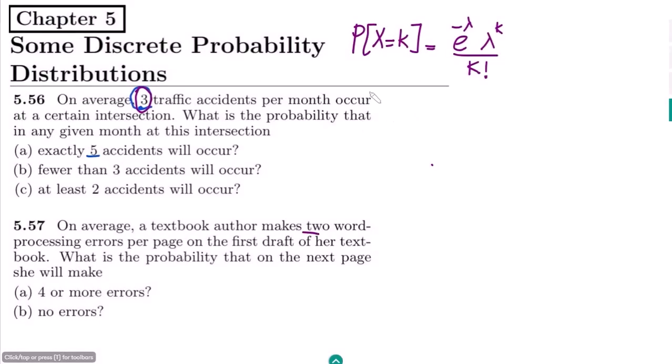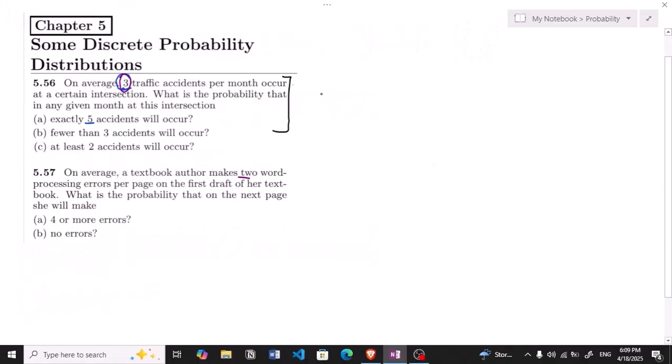Let me use this black color and solve question 5.56. First I write the given data, where the given lambda, or the average value, is 3 accidents per month. In part A, what do we have to find out? Exactly 5 accidents will occur. If x is the number of accidents, we need to find the probability that x is 5.